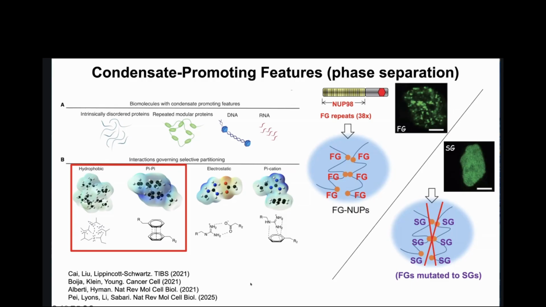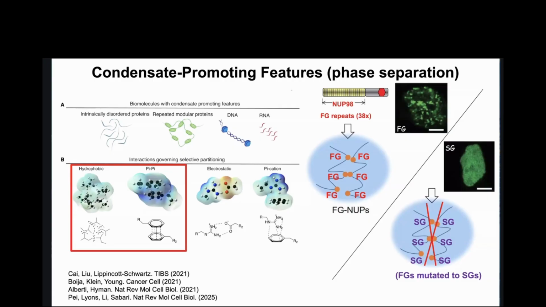But just for simplicity, I want to say the FG repeats can mediate not only a hydrophobic interaction, but a bipartite interaction. You can imagine you have two proteins, and each protein has 40 different ligands to form interactions between themselves, right? So if this hydrophobic or bipartite interaction dissociates, this ligand can quickly reestablish the interaction with any of the other 40 potential interaction partners between themselves to regain the association.